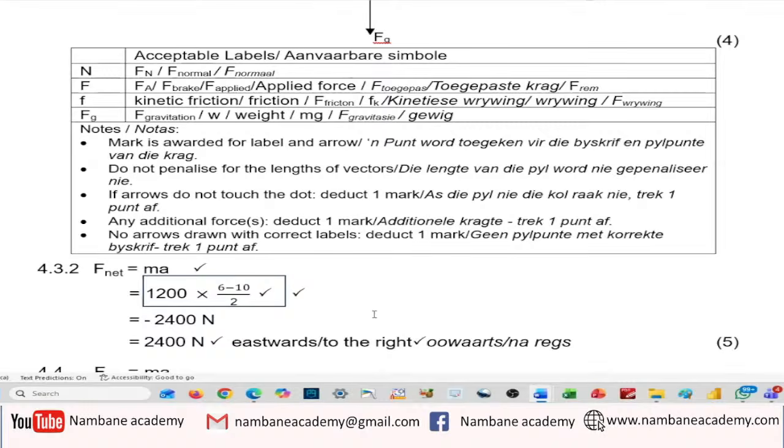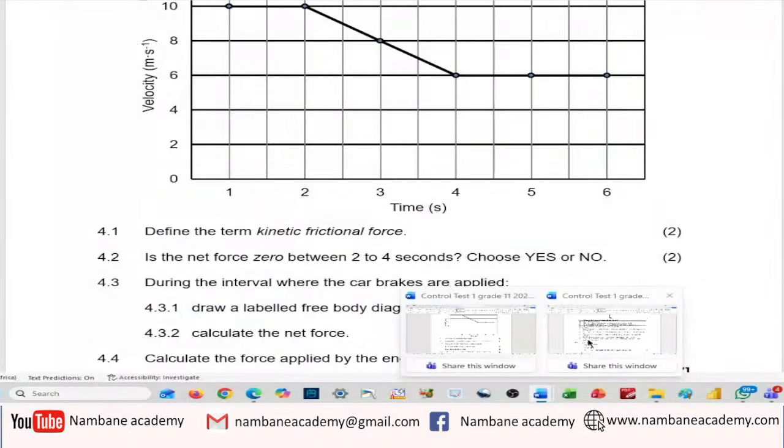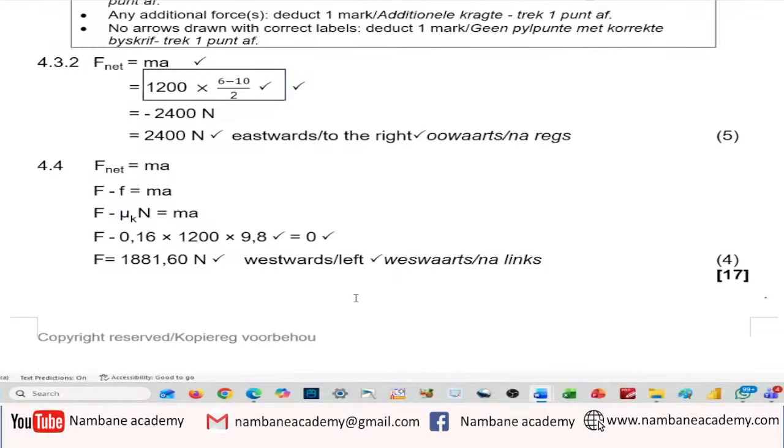According to this calculation, the first answer that the learner will get is negative 2,400 newtons, before they interpret and say 2,400 newtons, eastward or to the right. So that is the mark allocation on question 4.3.2. I think it was 5 marks. Yes, that is how the 5 marks will be allocated.